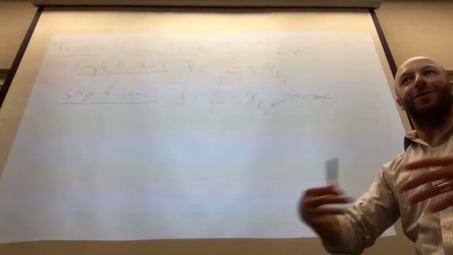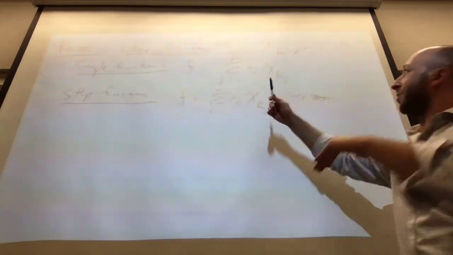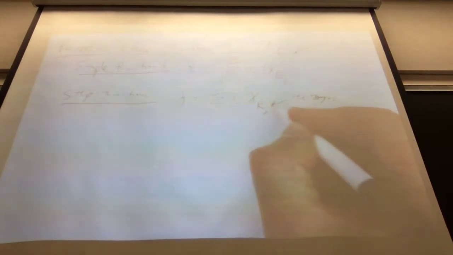The reason I say this is closer to Riemannian is that rectangles still break up the x-axis. What we're interested in is breaking up the y-axis, which is why simple functions are more amenable to Lebesgue integration, to the study. But nevertheless, we still want to understand how the old picture fits into the new picture. And we proved three things.